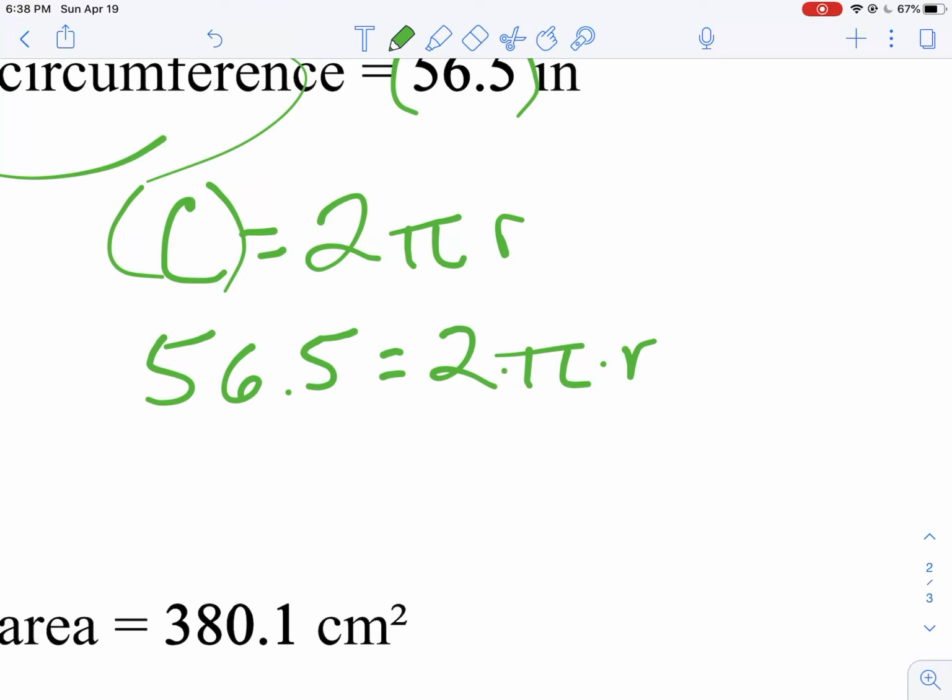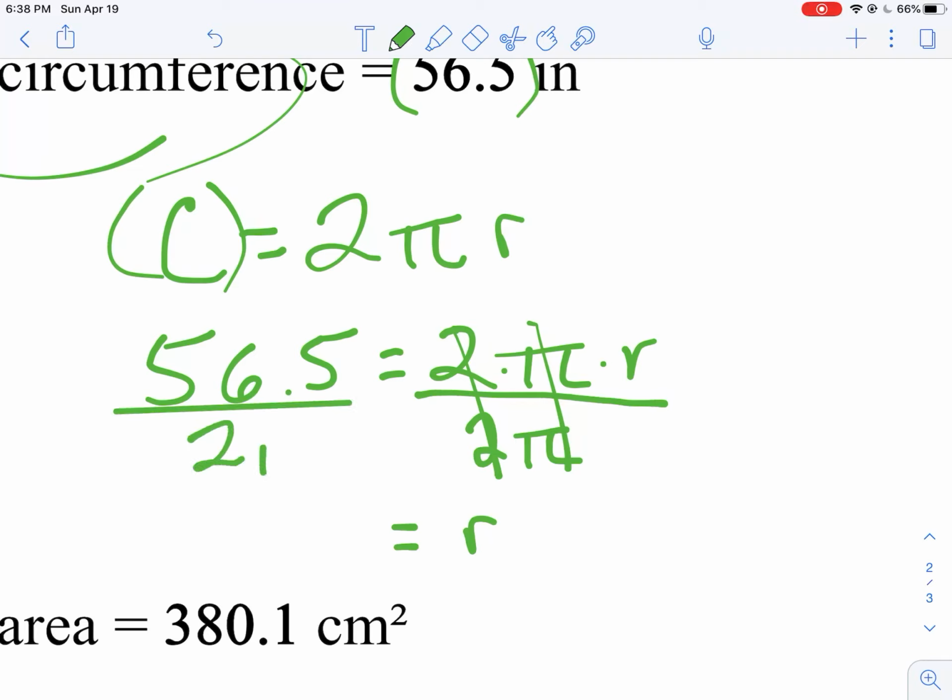So this is all multiplication, right? So what is the inverse of multiplication? Division. If I divide by 2π on the right, it cancels. I'm left with just an r. Awesome. That's going to be my radius. Radius equals, but golden rule of algebra, what I do to one side, I have to do to the other.